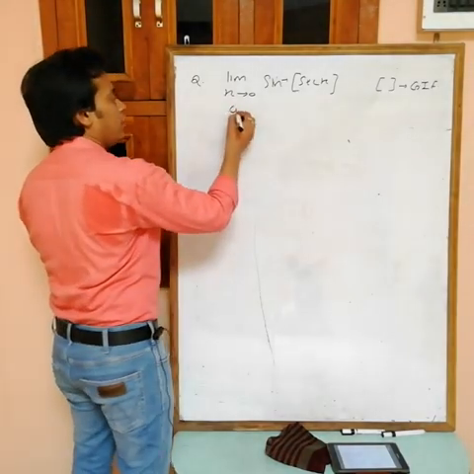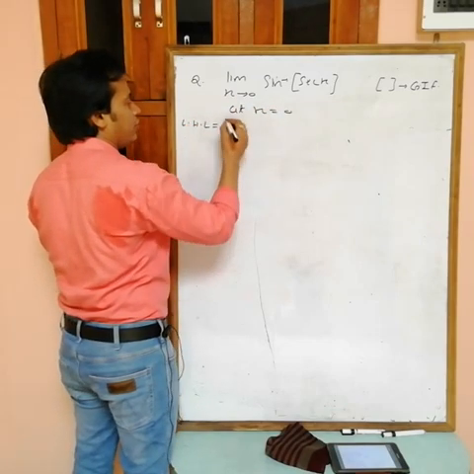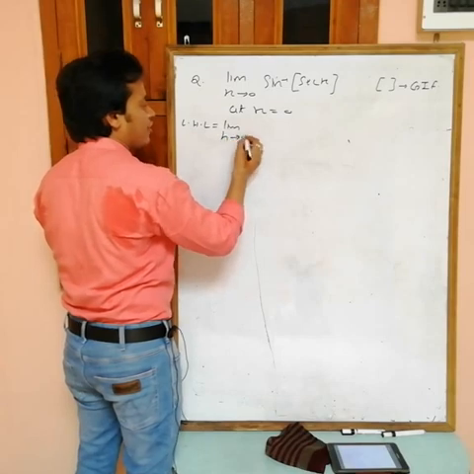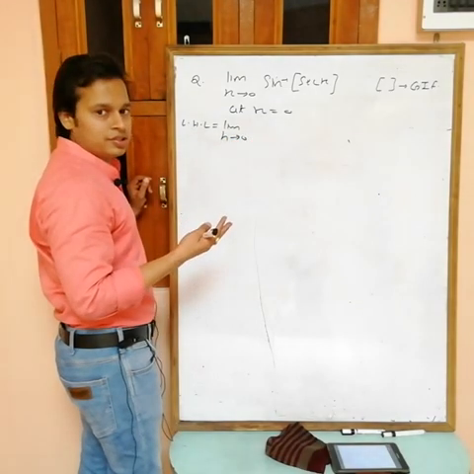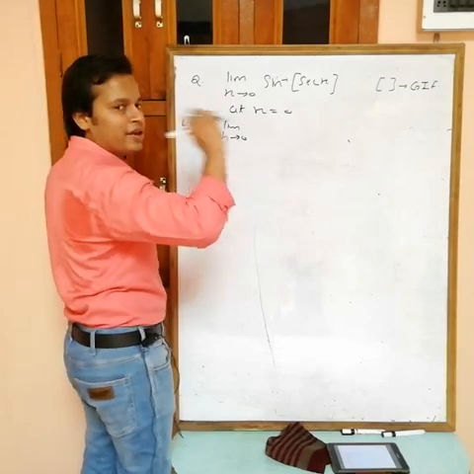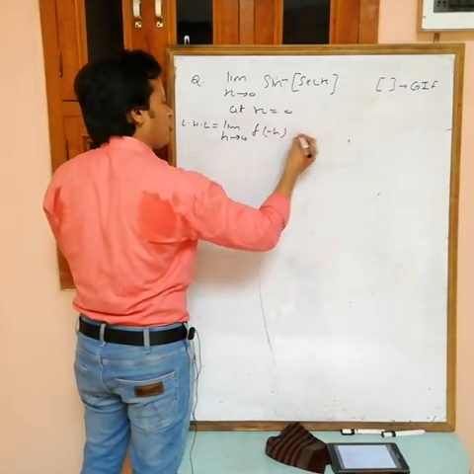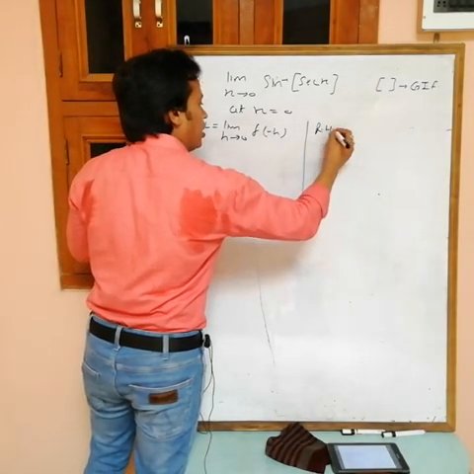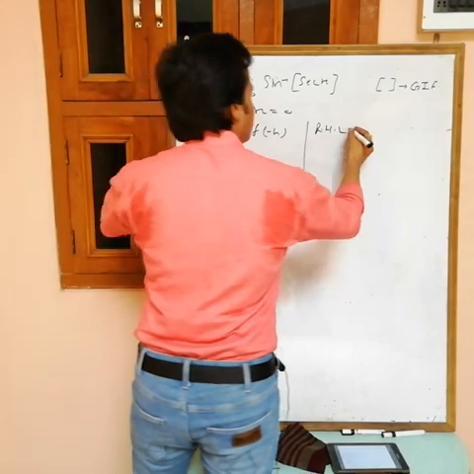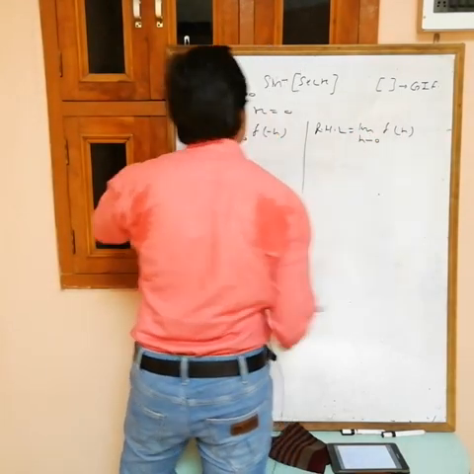Again at x equals 0, find LHL and RHL. LHL is the limit h tending to 0 of the function at 0 minus h, which is f of minus h. I am directly replacing x with minus h. RHL is the limit h tending to 0 of f of plus h.